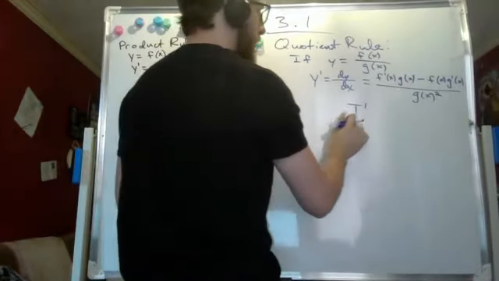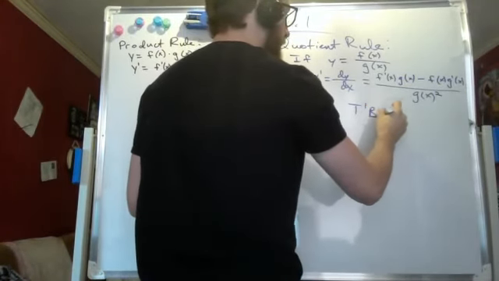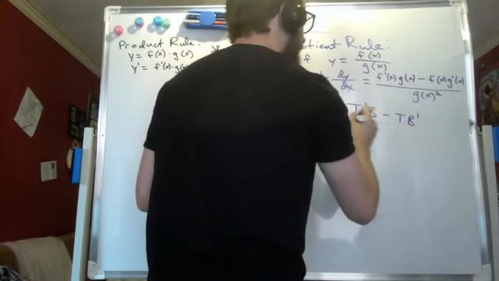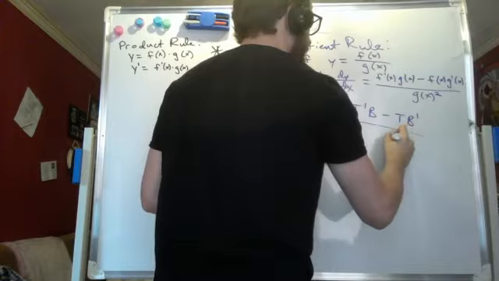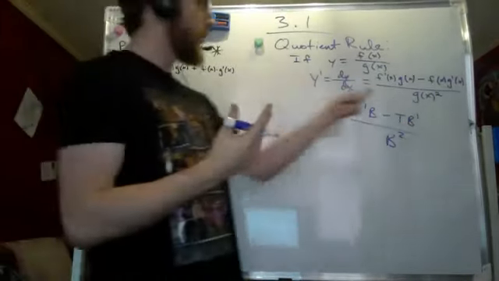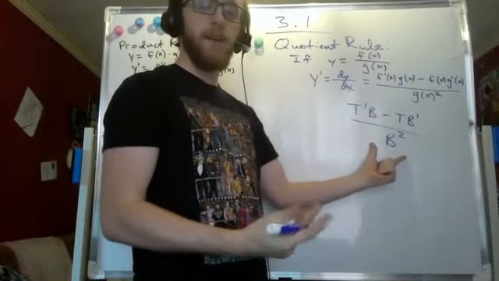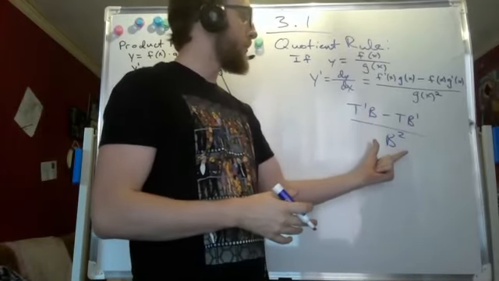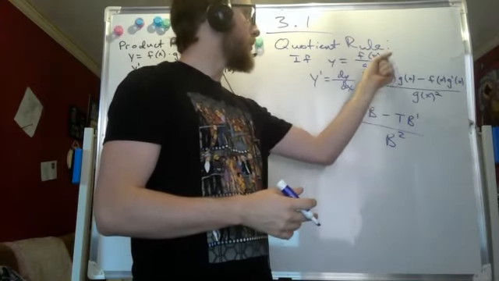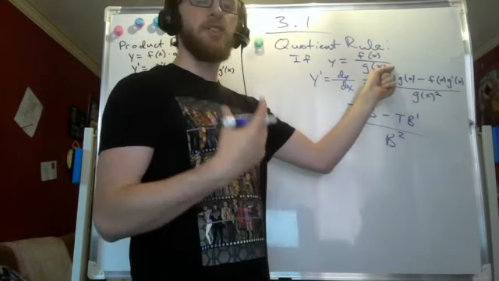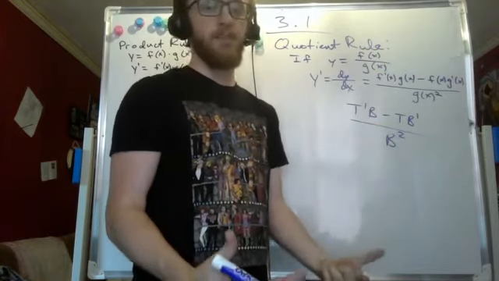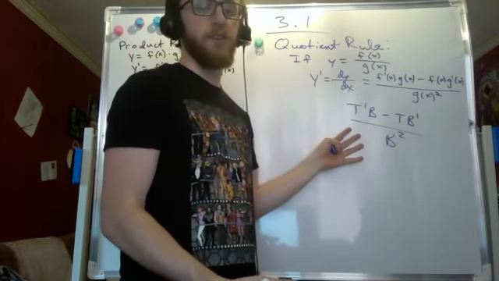So it's top prime bottom minus top bottom prime divided by bottom squared. Whichever way you prefer, I don't mind if you write it like this. That's okay. Either way, I just want to make sure that you remember this quotient rule correctly and you keep track of the top and bottom functions separately and plug them into the correct position. This is very important, otherwise it's going to mess up your derivative.